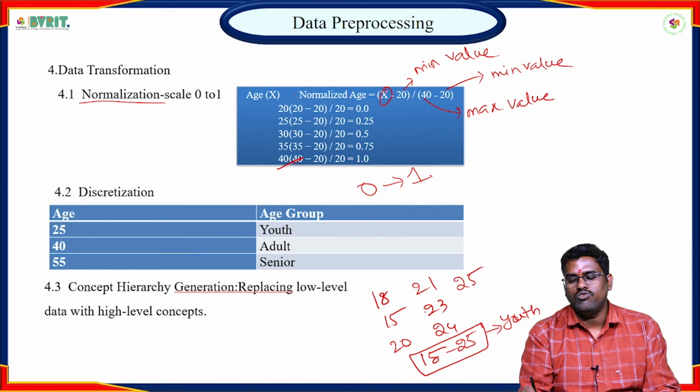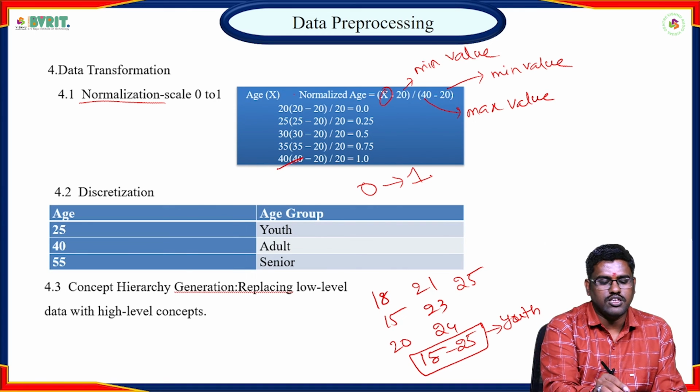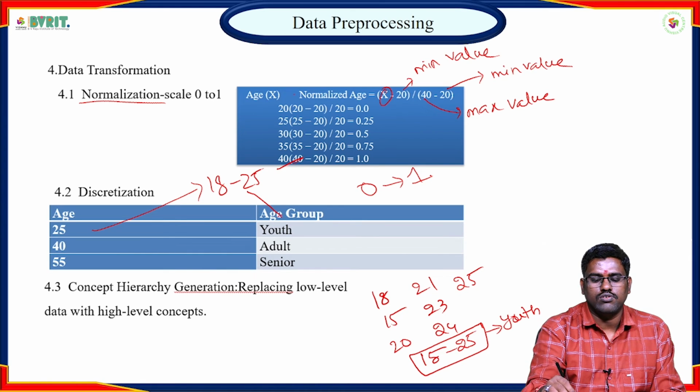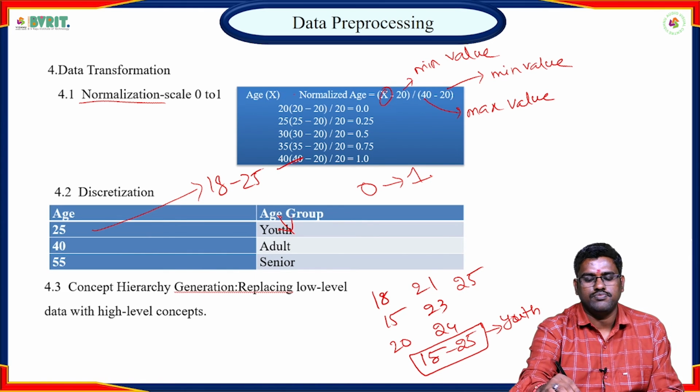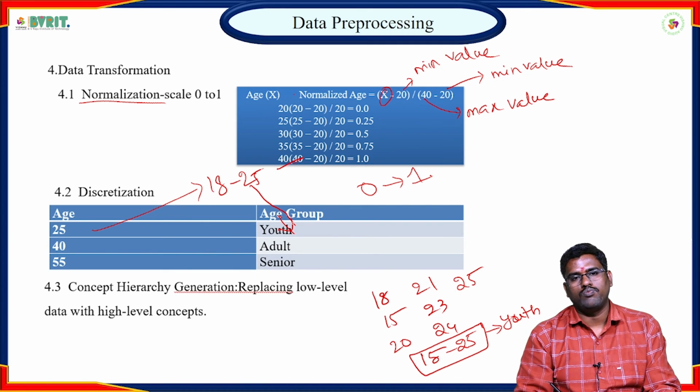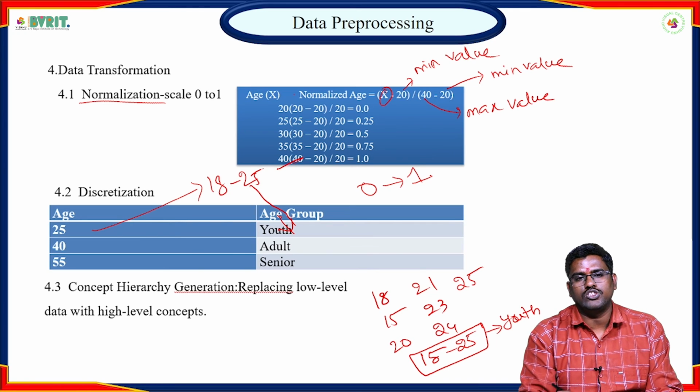Consider this: we don't want to specify all the values. In place of these ages, I can write 18 to 25, and they consider this age group as youth. That is about discretization.